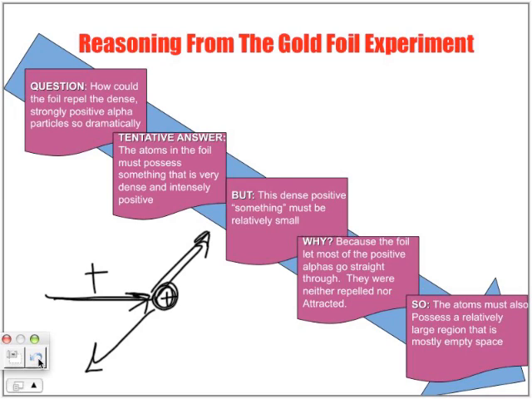That the atom must also possess a relatively large region that is mostly empty space. There must have been a lot of empty space within it. This idea still leaves some questions, but we'll realize that there are actually positive particles associated with the nucleus, and we'll discover that in a moment.